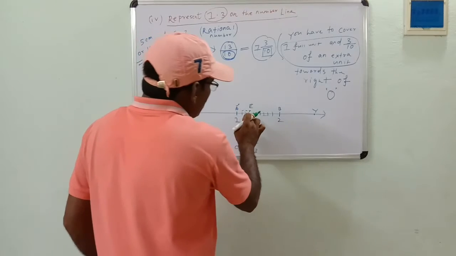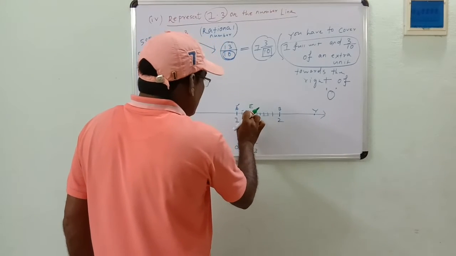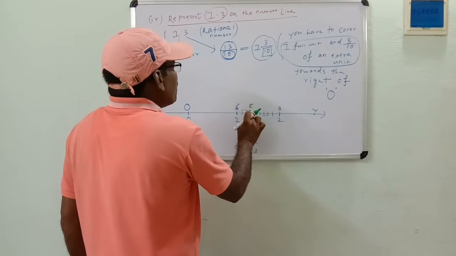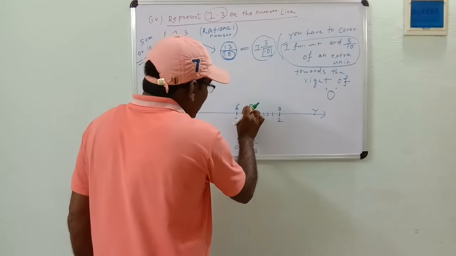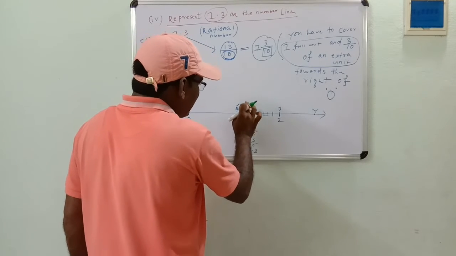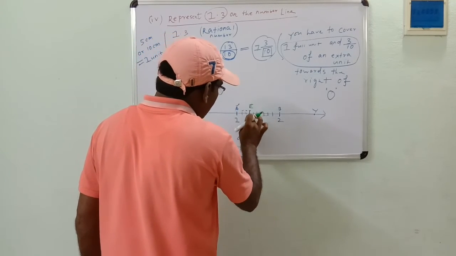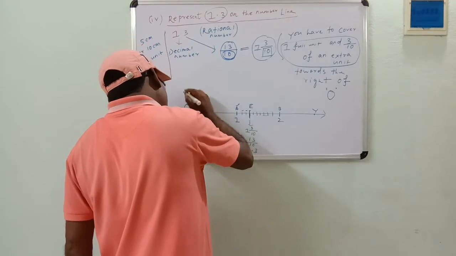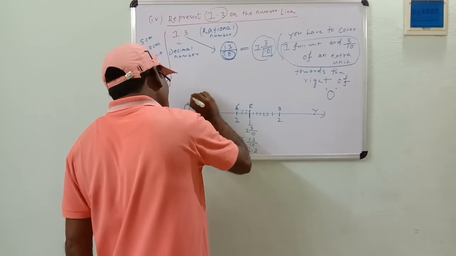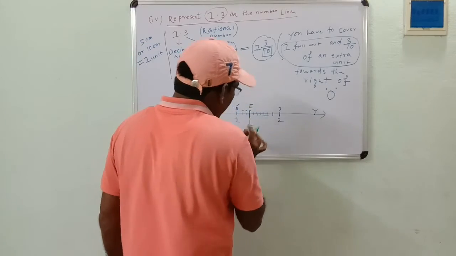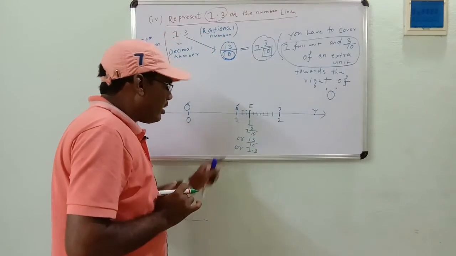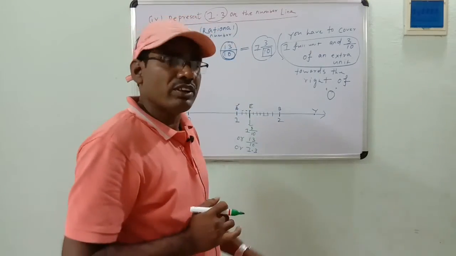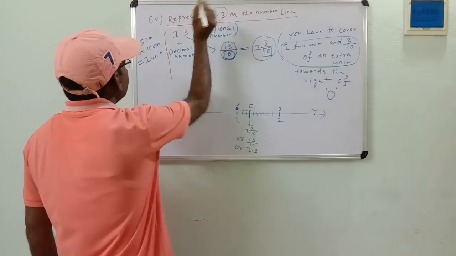So finally you reached point E, which is 1 full 3/10 distance from the starting point O. Therefore point E will represent 1 full 3/10 or 13/10 or 1.3. So note it.